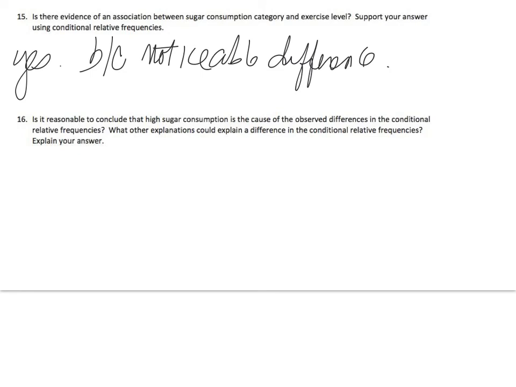Is it reasonable to conclude that high sugar consumption is the cause of the observed differences in the conditional relative frequencies? What other explanations could explain a difference in the conditional relative frequencies? Explain your answer. Let's think. Based on what we know, we really can't interpret cause and effect.